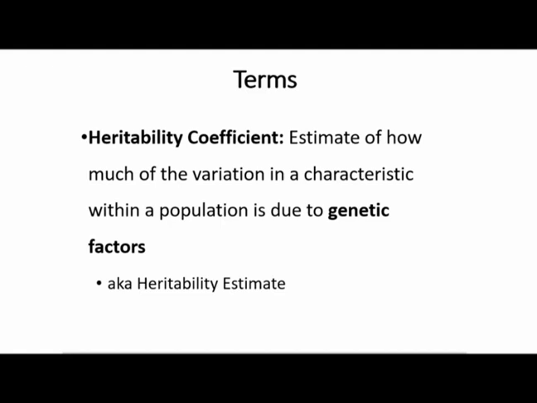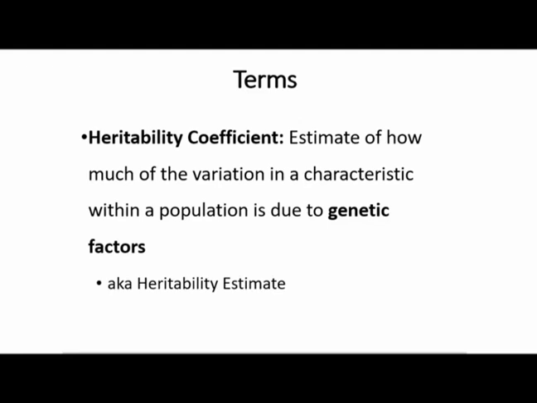And so to try and help us grasp what this kind of a concept is talking about, we can use an example. So a heritability coefficient of 0.5 isn't actually telling us that 50% of a trait comes from genes and 50% comes from your environment. So if we're talking about height, and height has a heritability coefficient of 0.5, we're not saying that 50% of your height comes from your genes and 50% comes from your environment.